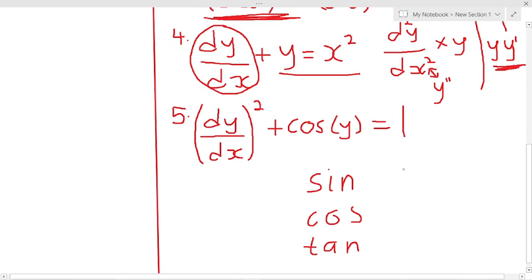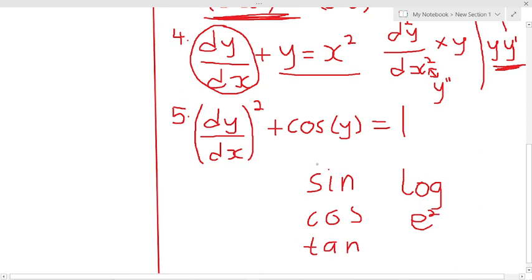For logarithmic, we have log, whether to the base 10 or to the base 1, 2, or natural log at all. And then the exponential, sometimes we might see e exponent 2.